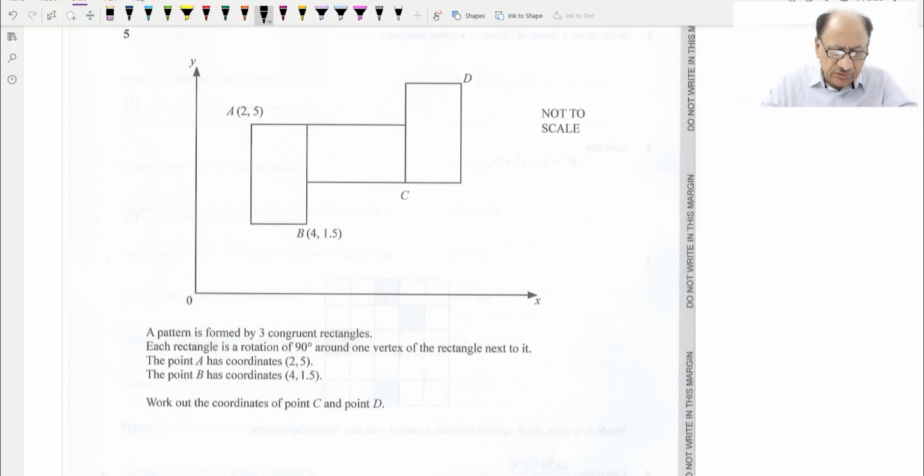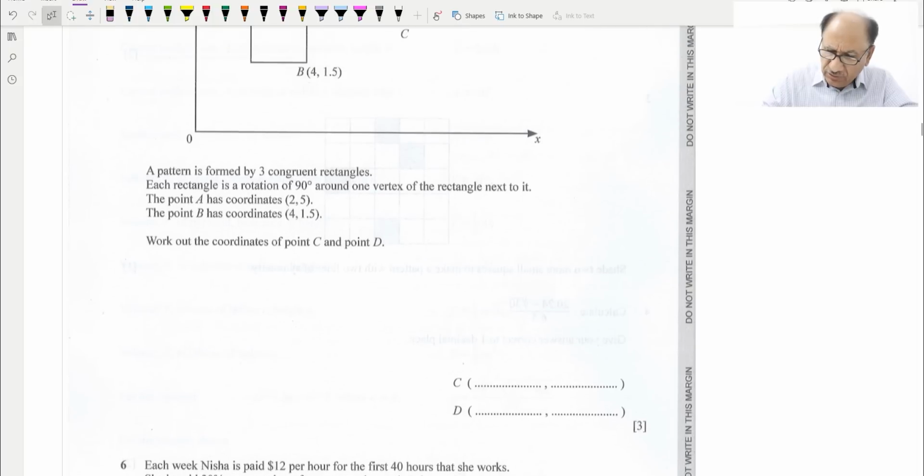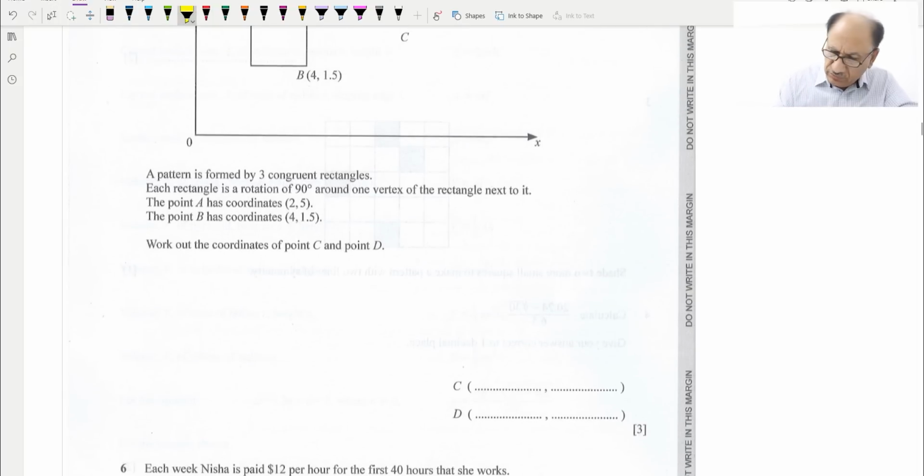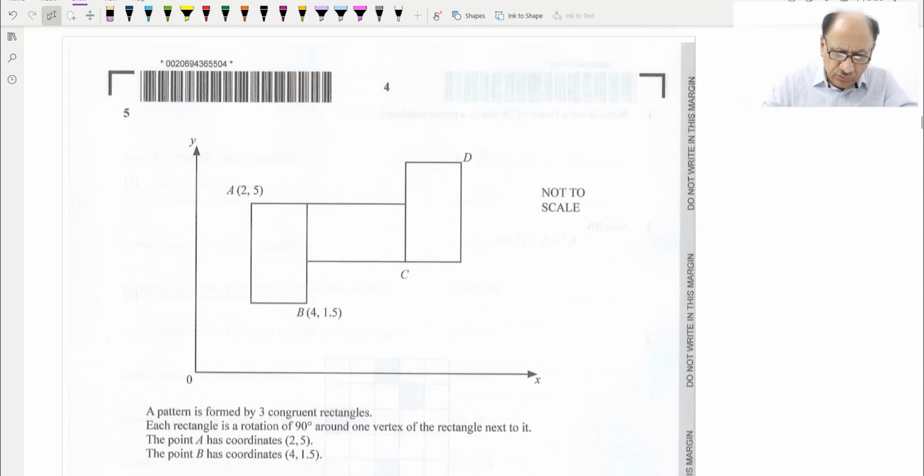Then question number 5 is a little tricky, that's why it is a 3 marks question. You can see this is 3 marks, and you need to use your brain. The diagram is not to scale, and they're saying a pattern is formed by 3 congruent rectangles. Each rectangle is rotated 90 degrees around one vertex of the rectangle next to it.